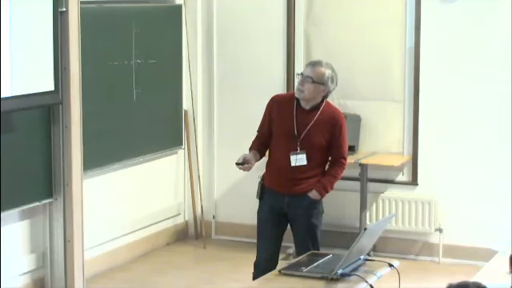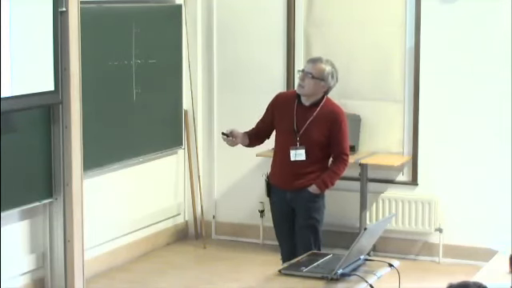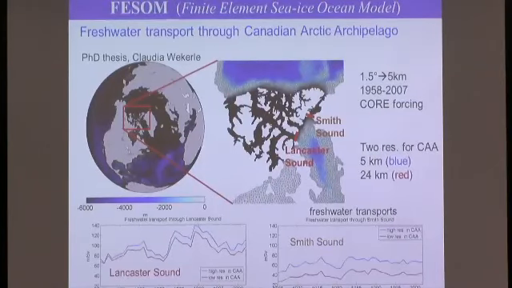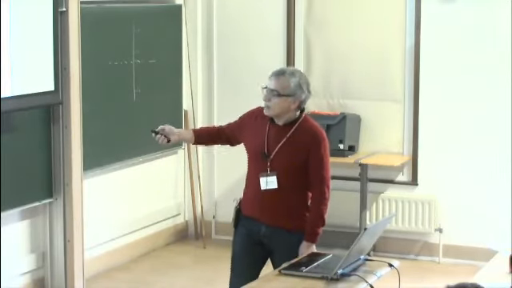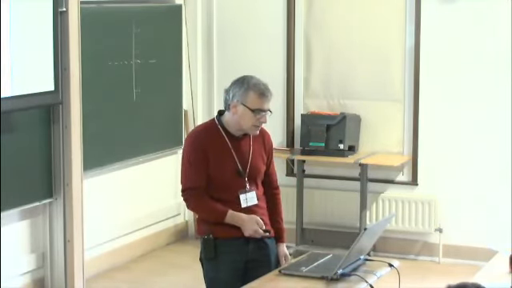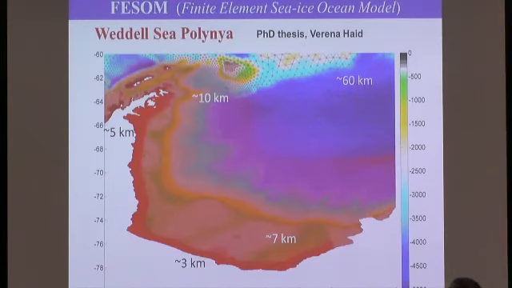While in the case of Lancaster Sound, you see that quarter degree would be sufficient, this one requires really high resolution. And we are also doing comparison with observations, and the blue one is much closer to what really is found.